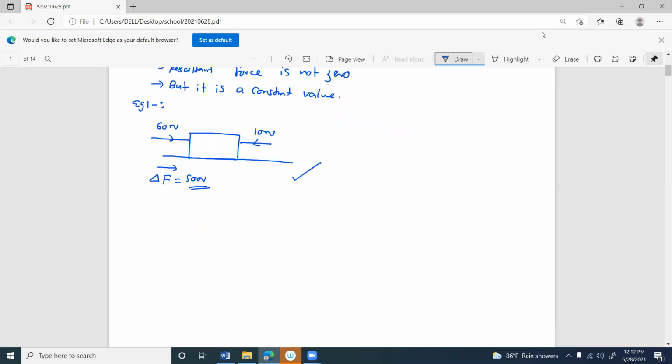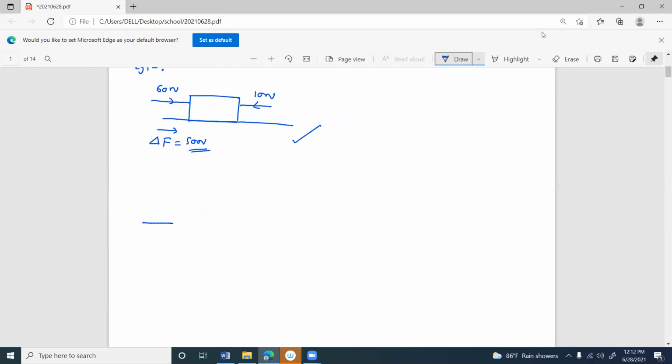Okay. Then the second situation. Now, this box, at the initial point A, the force is 60 newtons and this one is 10 newtons. When you come up to point B, this force becomes 50 newtons and this force becomes 5 newtons.